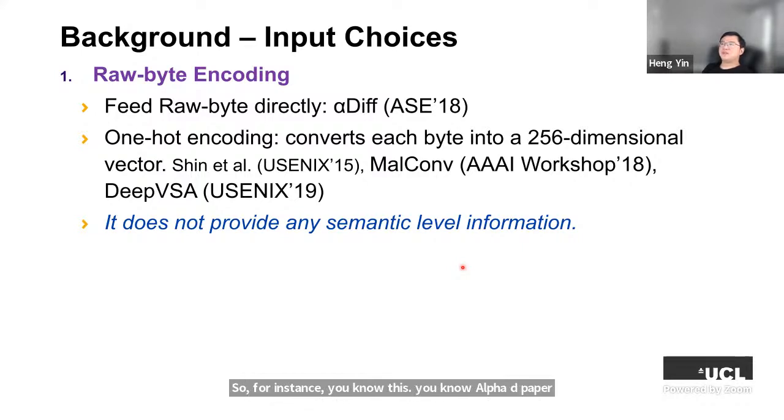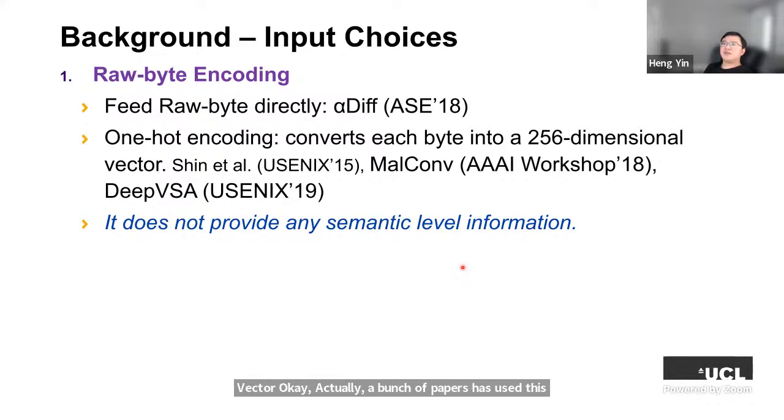Essentially, they just hope that the model is so powerful, you can still learn a lot of meaningful things out of raw bytes. Okay, one-hot encoding, which is pretty standard practice in machine learning, right? I just convert each byte into a 256-dimensional vector. Actually, a bunch of papers have used this idea.